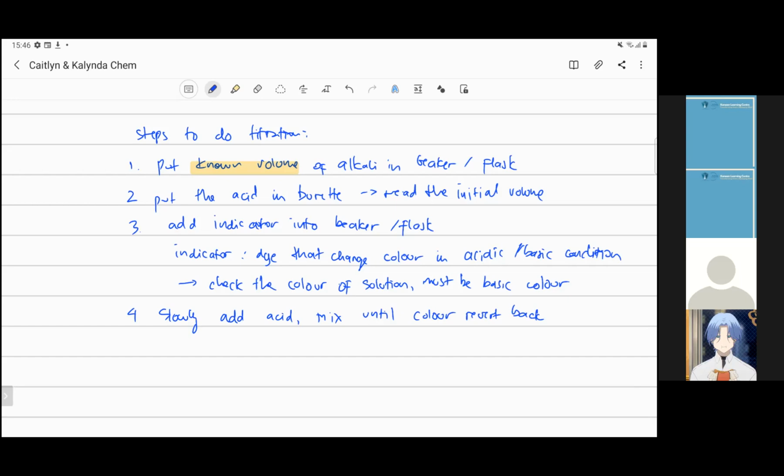When the acid hits the beaker, you will see that the solution changes color from the color of basic to the color of acidic condition. So for a while, you're going to see as if you have a mixture of colors. But if you mix them and the water becomes homogeneous, the color is going to revert back to the normal basic color.